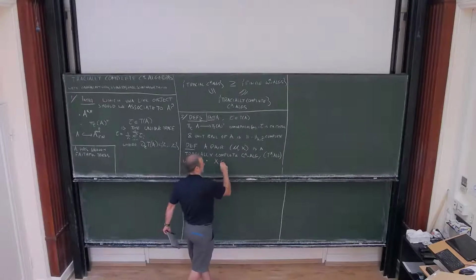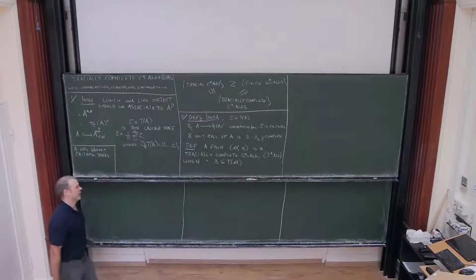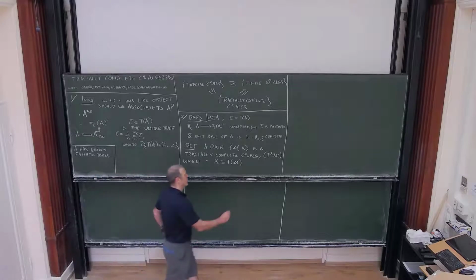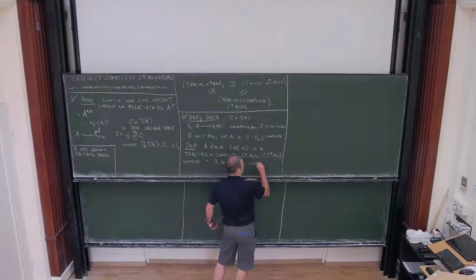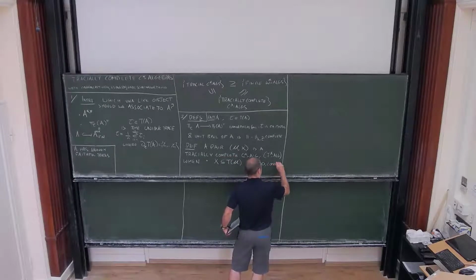Well, X is some distinguished set of traces on M, and I may as well take X to be weak star closed, so closed in the weak star topology, and convex.